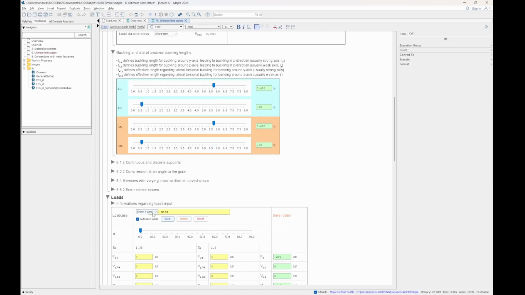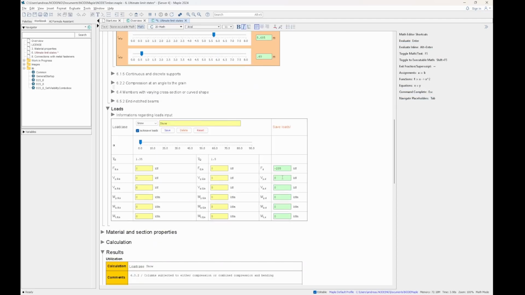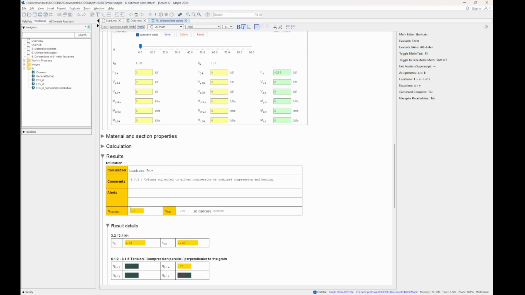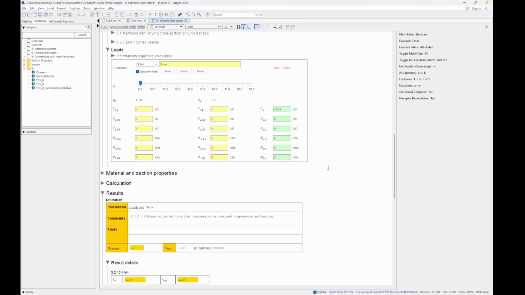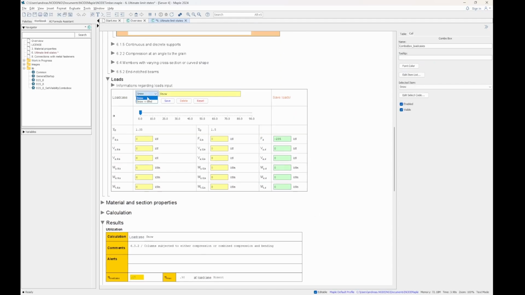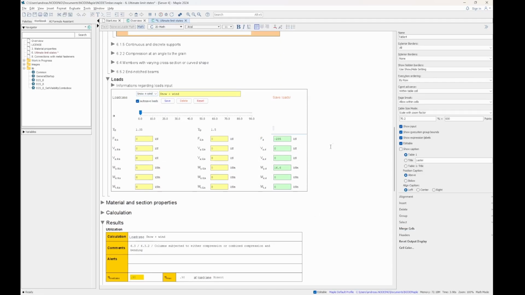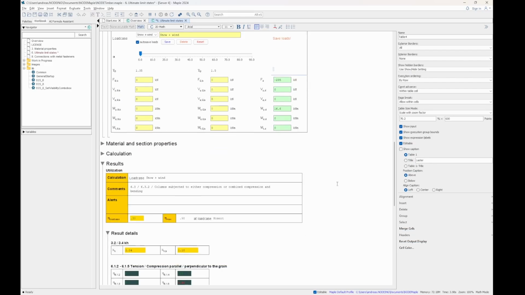And in that case we have different cases. We have the case where we just have a vertical load of 235 kilonewtons, which gives a utilization factor of 0.17. We also have the combined snow and wind situation where we have normal force and in addition a moment on the section.